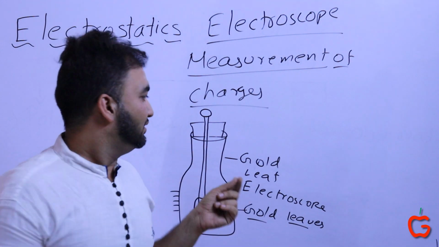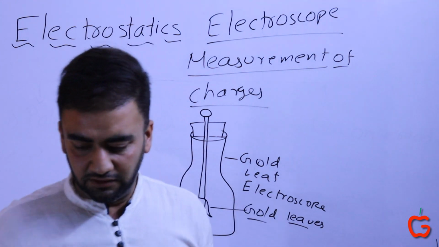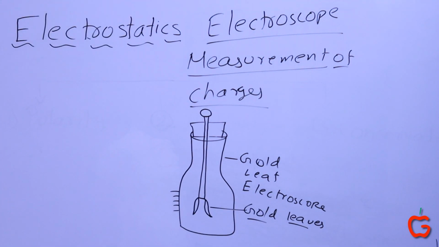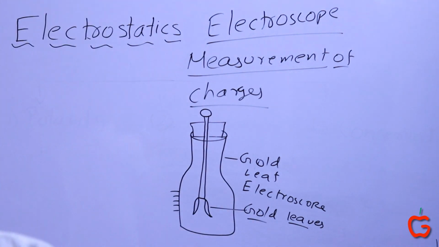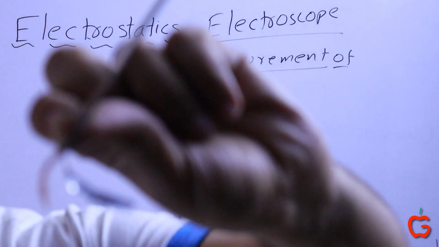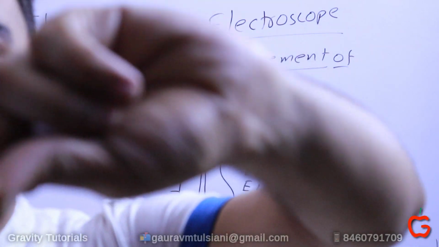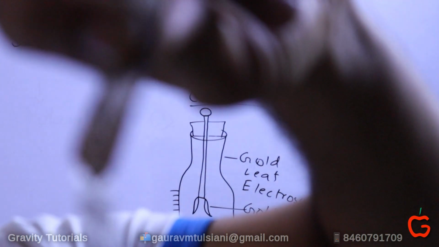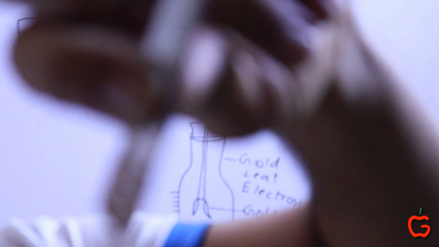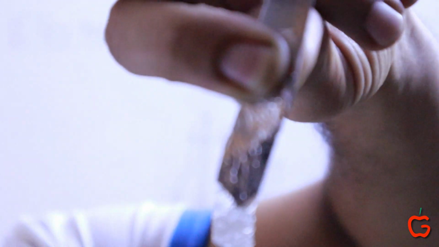So I have tried to make something of an electroscope myself. I have stuck 2 aluminium foils to a spoon. You can see this, the head of the spoon will be used to acquire charges.